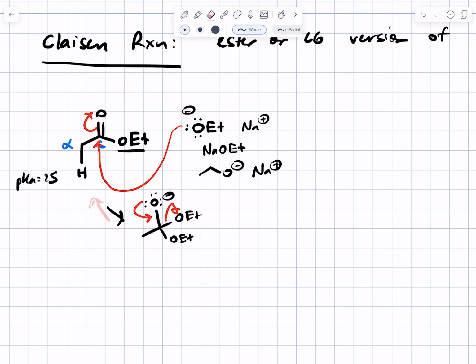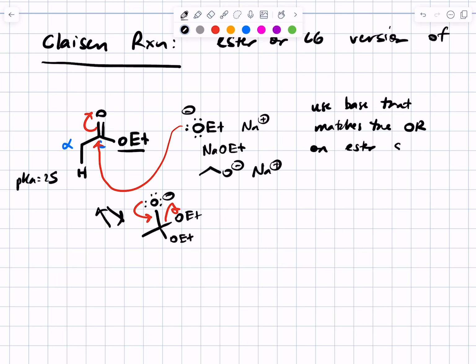The idea here is we're going to use a base that matches the OR group on the ester so that the nucleophilic acyl substitution reaction is silent. Can't tell that it's happening.